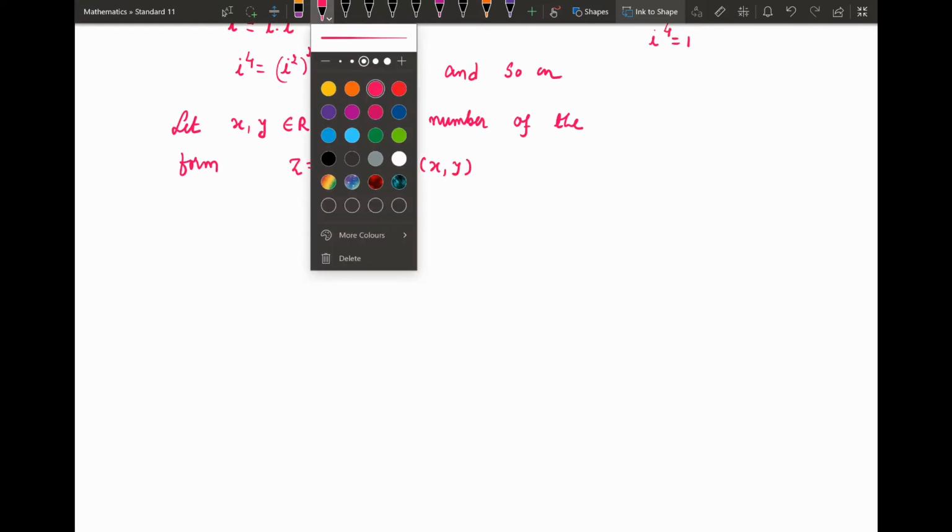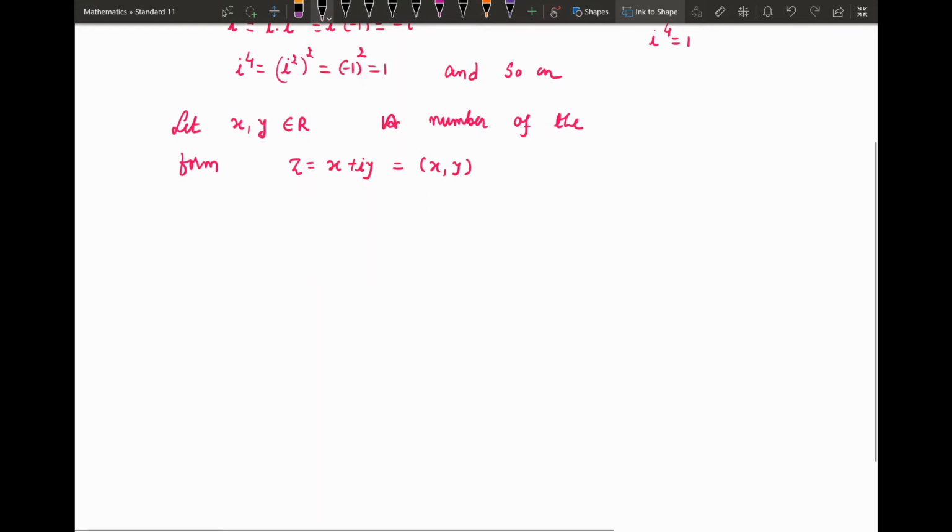A number of the form z equal to x plus iy is called a complex number. So first we define a complex number: any number of the form z equal to x plus i into y, where x and y are real numbers, is called a complex number.